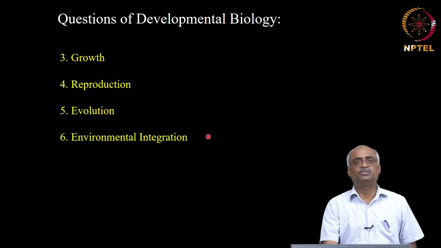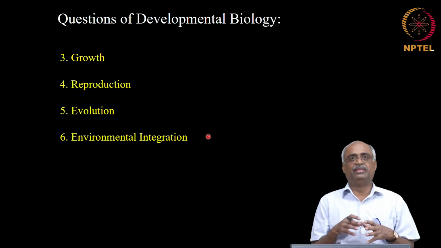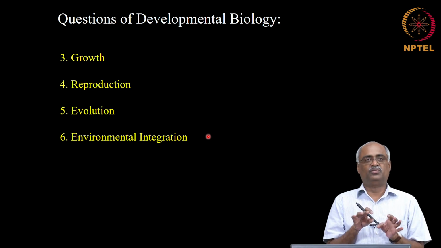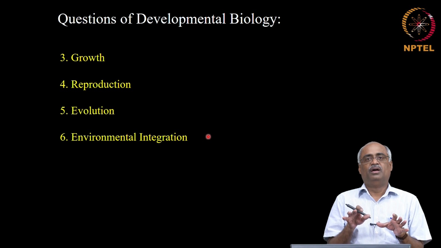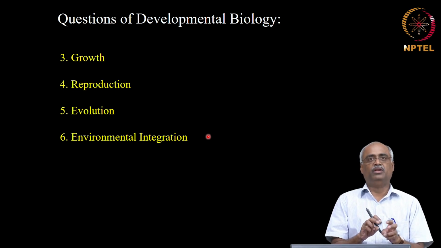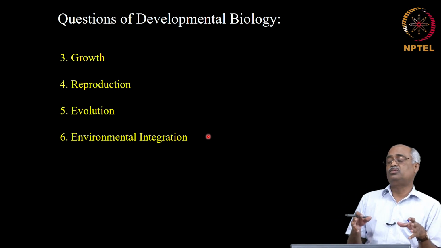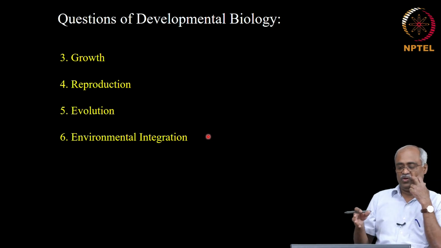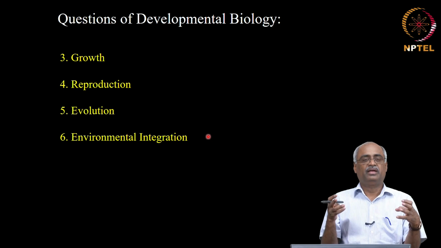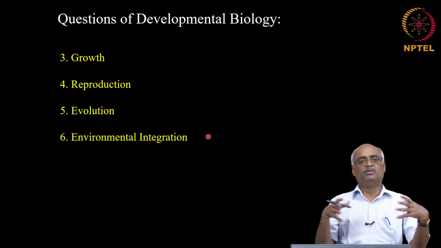Then our third question is about growth. It is not simply that cells divide and then become different kinds and then undergo morphogenetic changes to make shape, and that probably generates a small infant, but that has to eventually grow into an adult, and that growth cannot simply be cells expanding their size, or in a particular tissue you make more cells and then it simply becomes a bigger tissue.